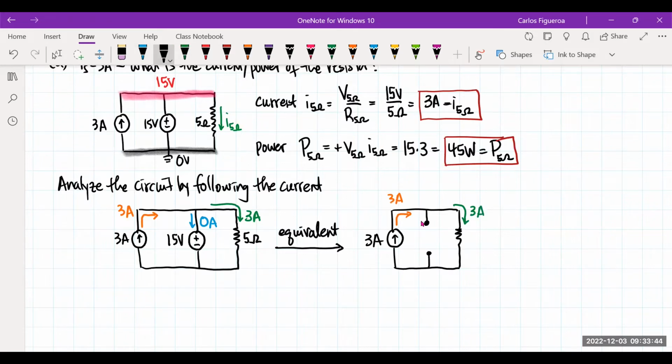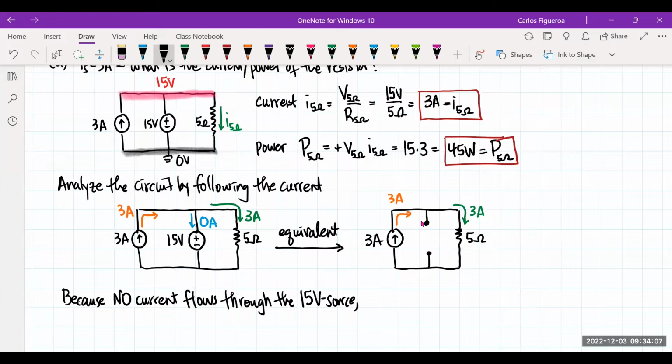And so we say that because no current flows through the 15-volt source, it's an open circuit.